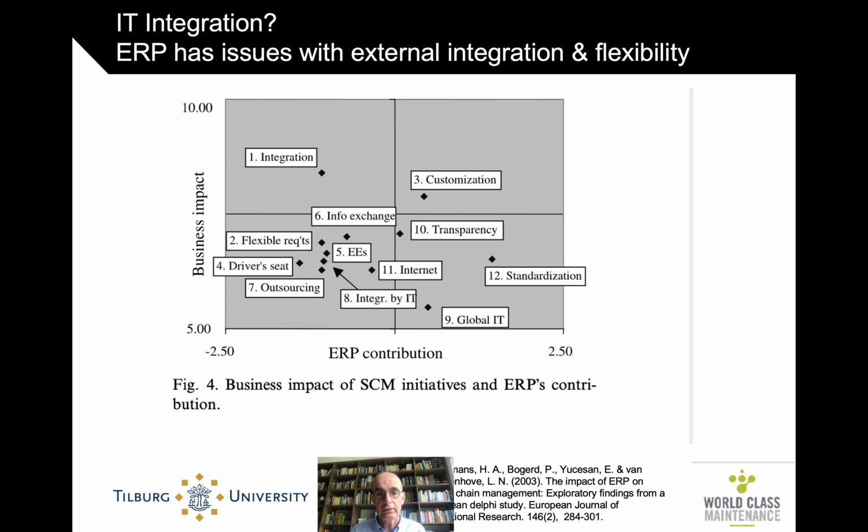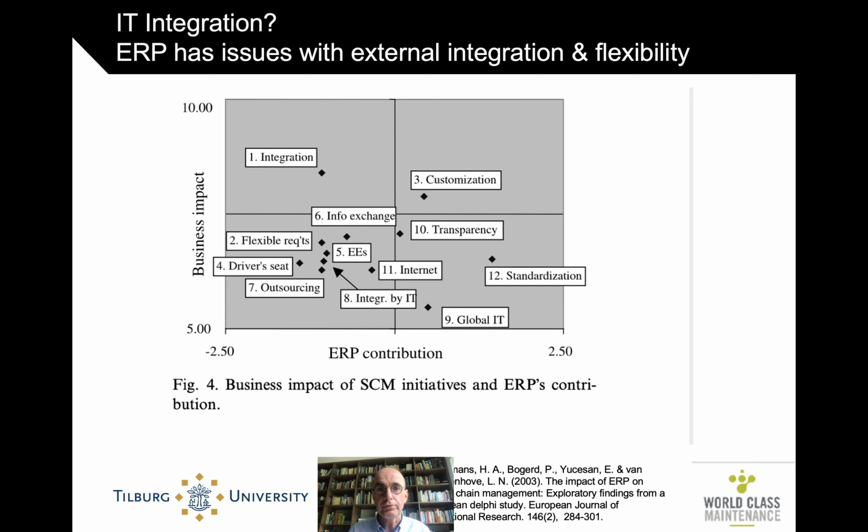ERP is by definition an integrated system, as we saw earlier from the RMP figure, very nicely and coherently structured around what happens within a firm. That makes it more difficult to translate it into a world where there's a network.